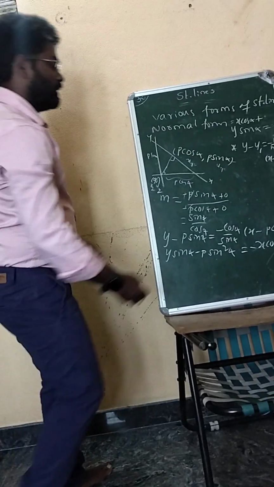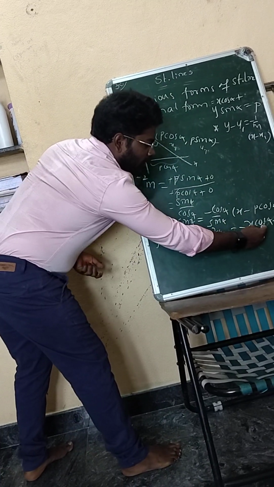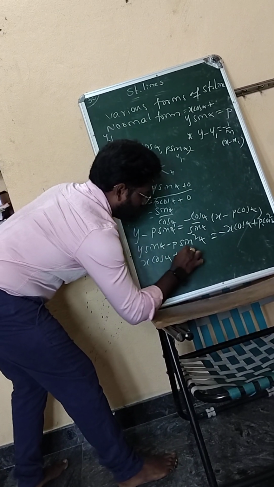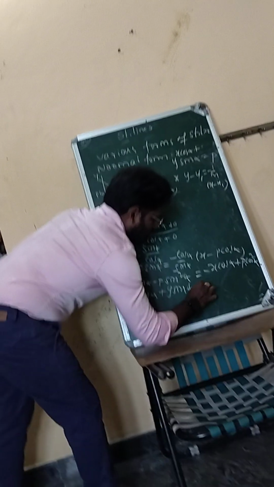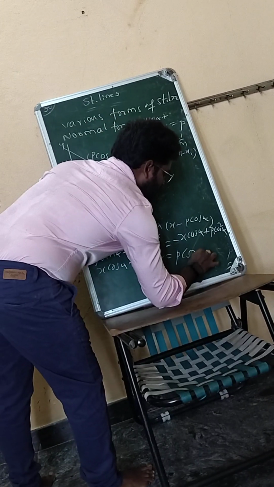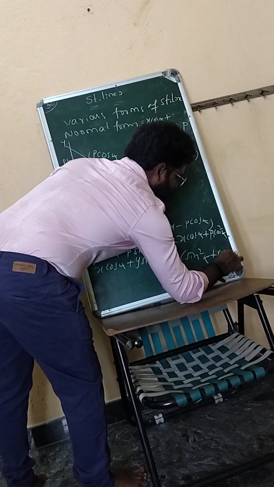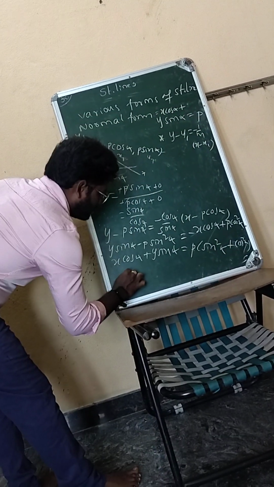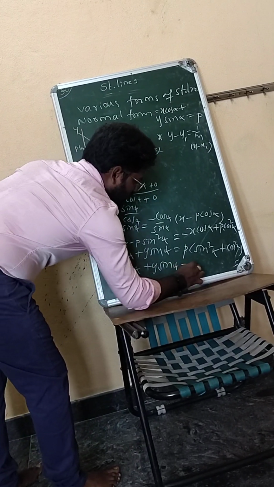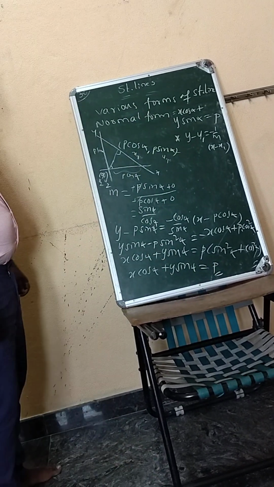Next, the minus is shifted to the left hand side: plus x cos alpha plus y sin alpha, and the minus shifted to the right hand side. p is common, sin square alpha plus cos square alpha, so x cos alpha plus y sin alpha equals p.